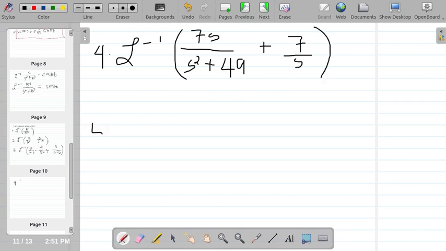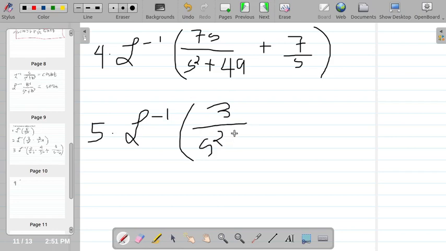Lastly, number 5, find the inverse Laplace of 3 over s squared plus 81 plus 2 over s minus 4.